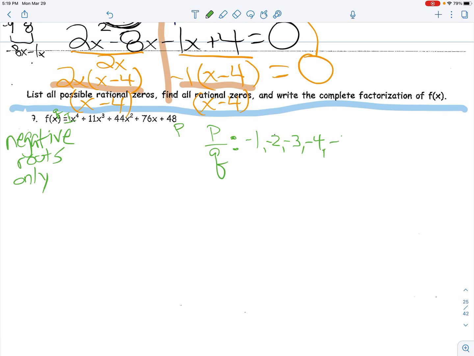Negative 6 does. Negative 7 does not. Negative 8 does. And then you got that pair there: negative 6 and negative 8 multiply to 48.